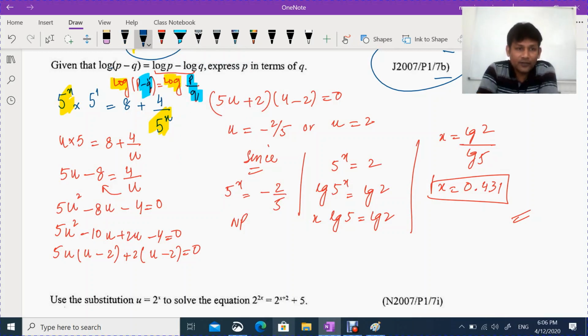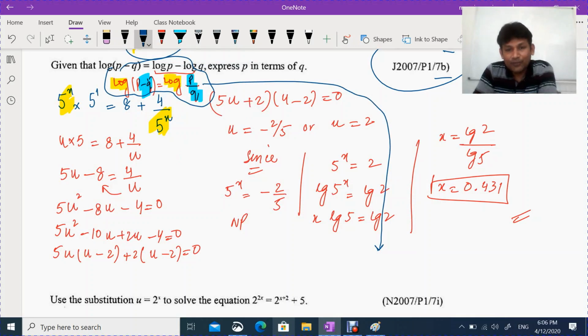So what's the final answer? Sorry, the space is not enough, I want to move here. So p minus q is equal to p upon q. Express p in terms of q. Okay, p in terms of q, I have to multiply first. pq minus q square is equal to p.